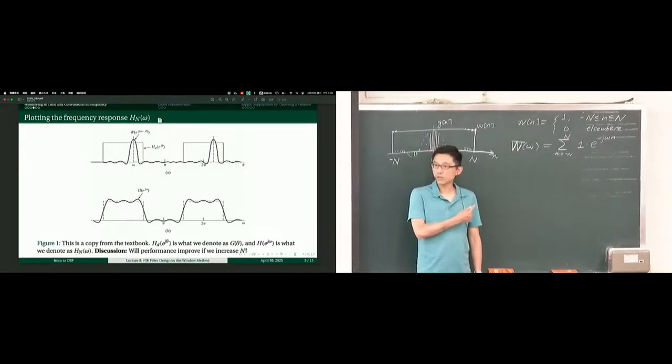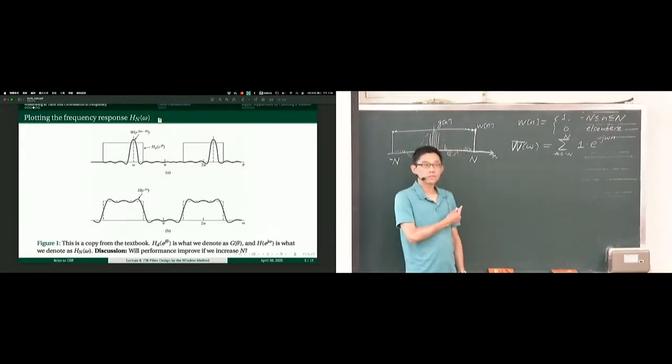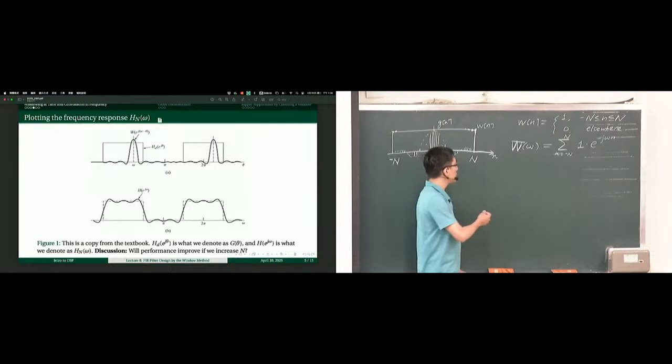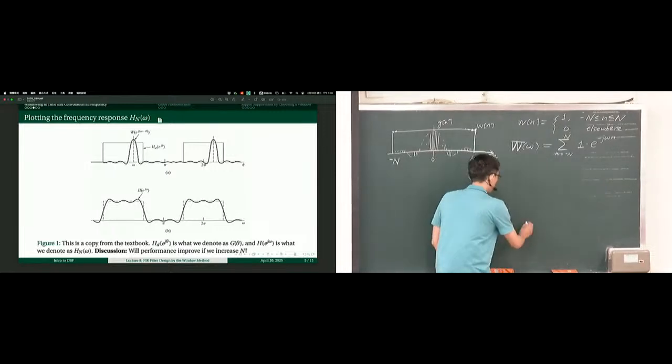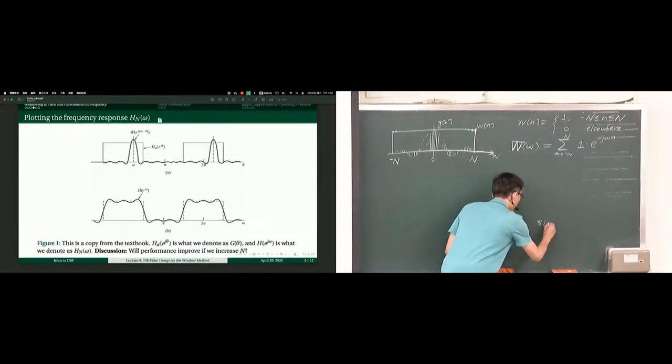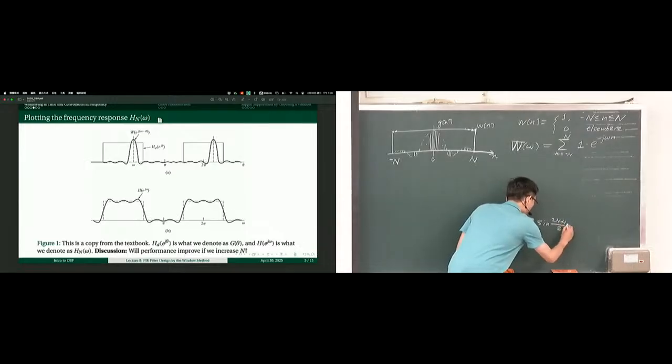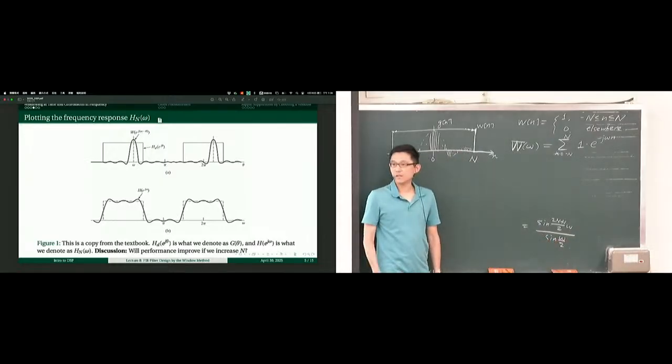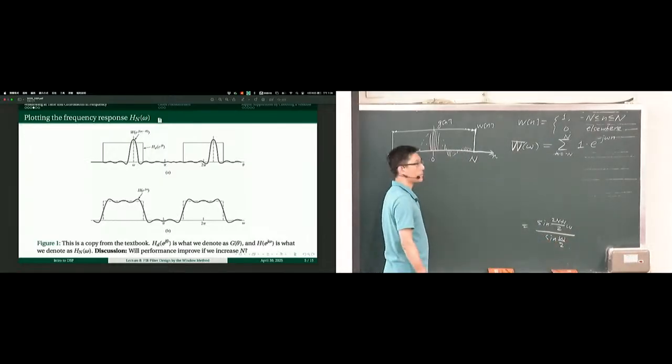So far so good? I remember the final result should be this sine ratio. I memorized the result, but let me write it down first, and then we'll try to reach it. That's the final result. But how do we reach there?